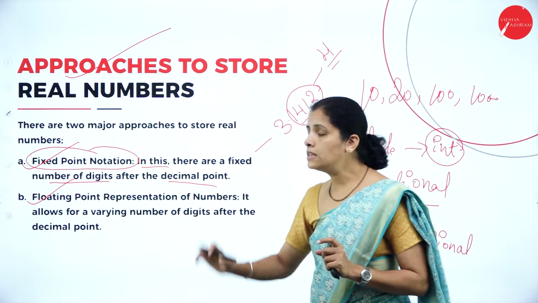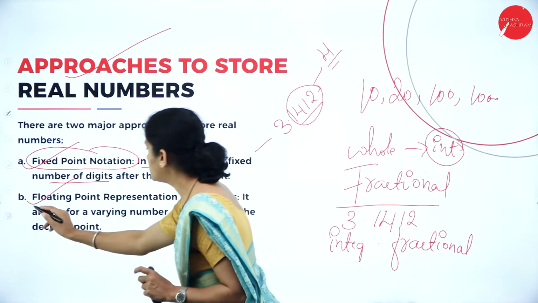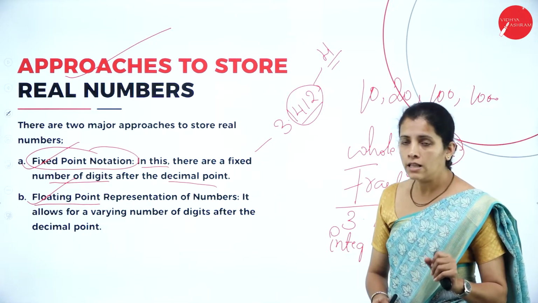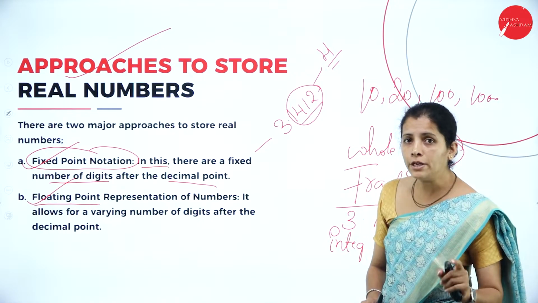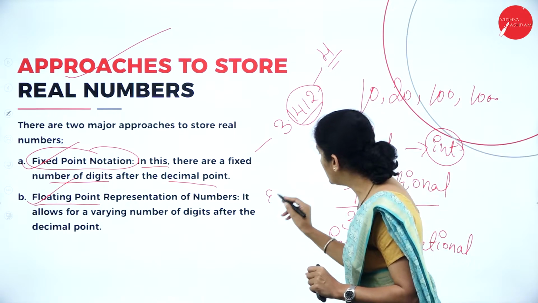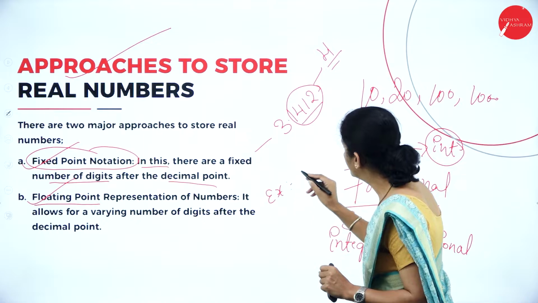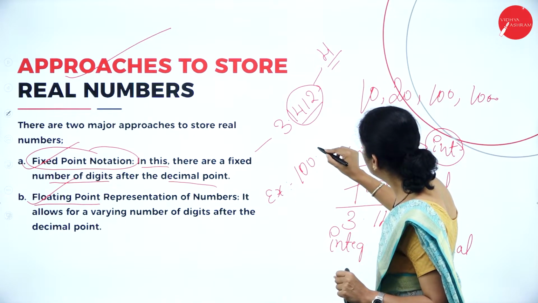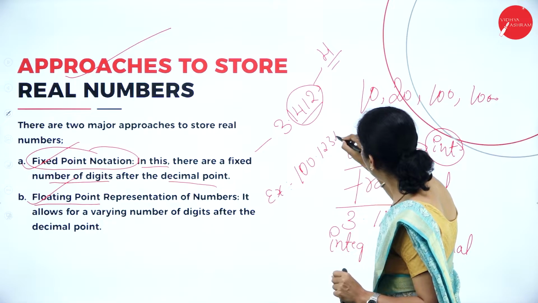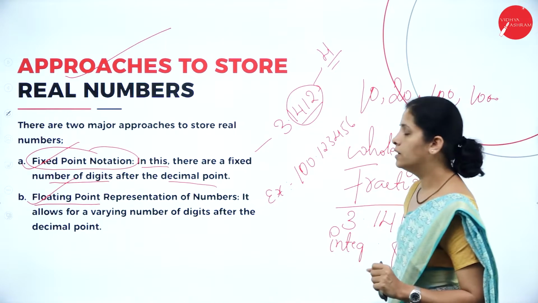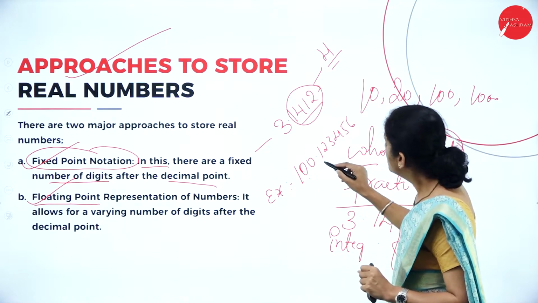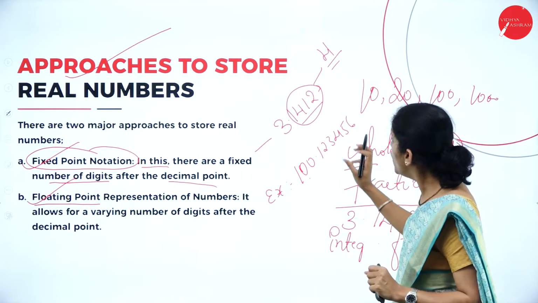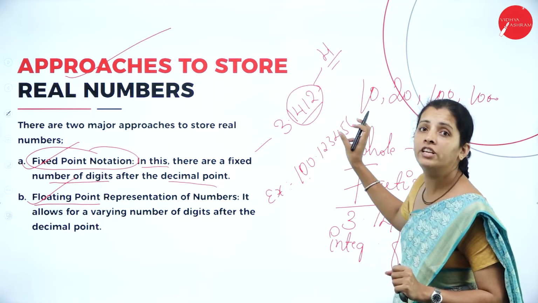Now, the other method here is floating point representation. Dear student, let me consider the example here. I have 100.12345. Here after the decimal point, I'm going to have variable length of digits.